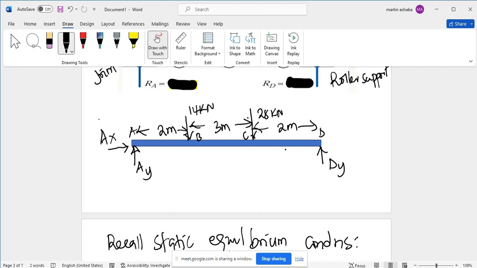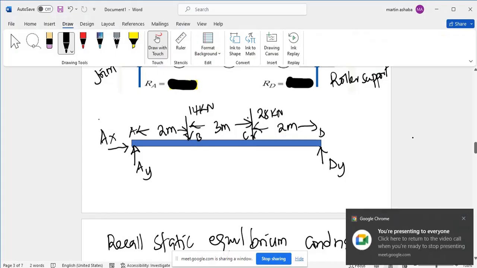But the other forces that are far away from that point and whose lines of action are perpendicular to the axis passing through that point will have their own moments, and we are going to calculate them.